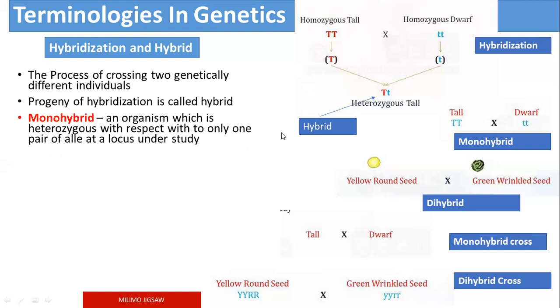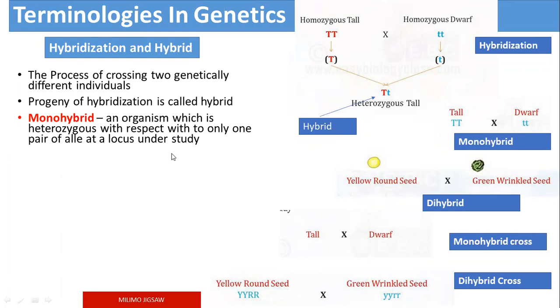And then we have the concept of monohybrid and dihybrid. Mono simply means one. A monohybrid is an organism which is heterozygous with respect to only one pair of alleles at a locus under the study that we are looking at.